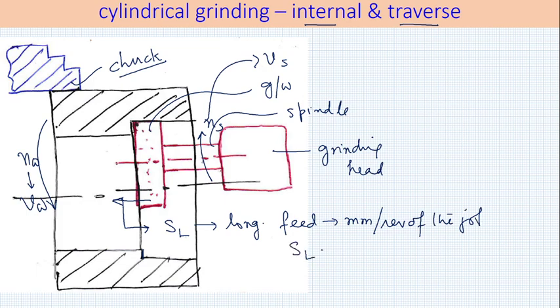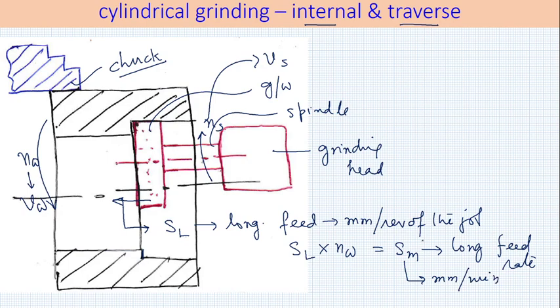This SL into NW would give you SM, that is the longitudinal feed rate, in millimeter per minute. So this is the feed rate and this is feed per revolution of the job. There is an engagement between the job and the grinding wheel. This is A.